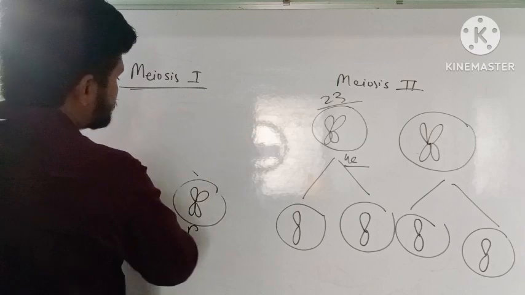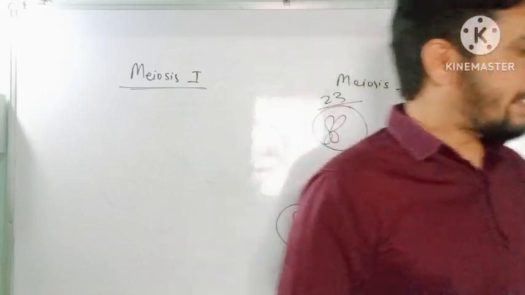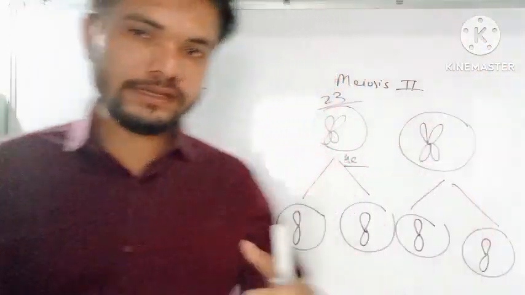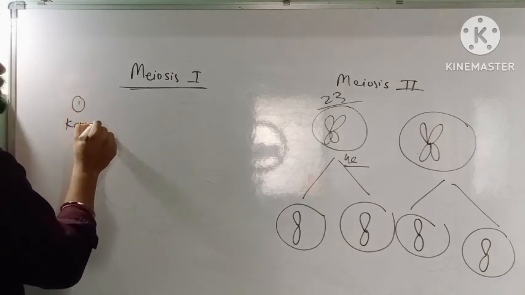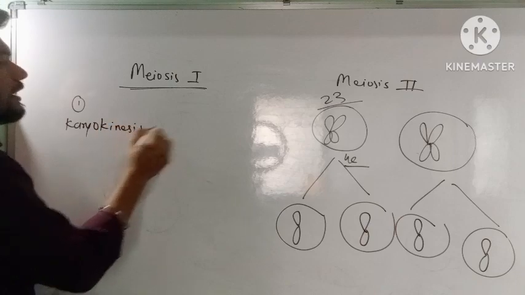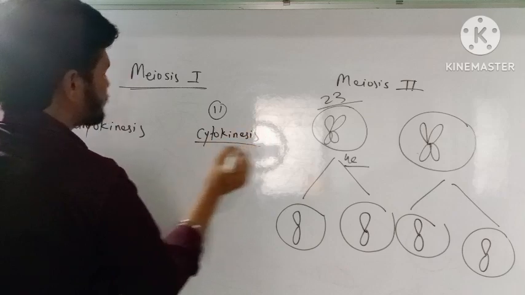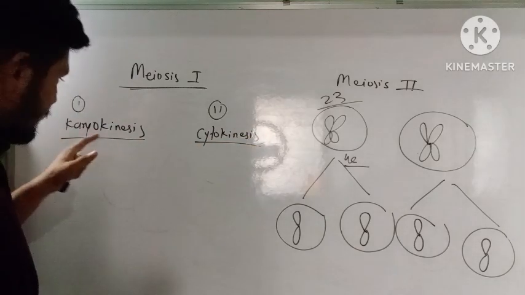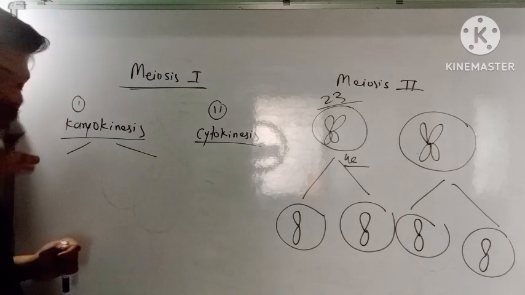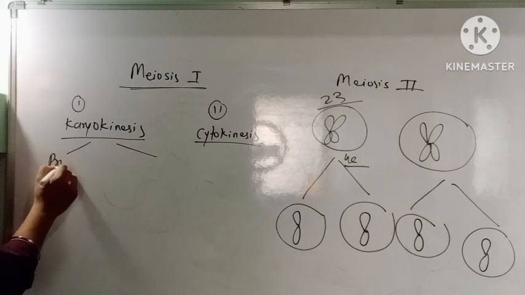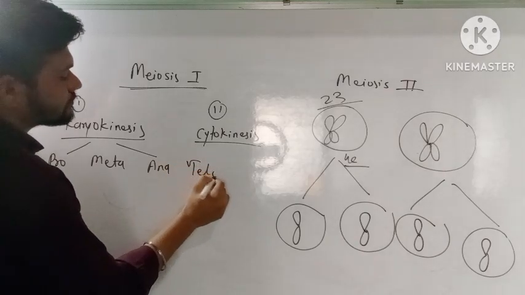Just like mitosis, meiosis is again divided into two phases: karyokinesis and cytokinesis. Karyokinesis is again divided into four phases: prophase, metaphase, anaphase, and telophase.